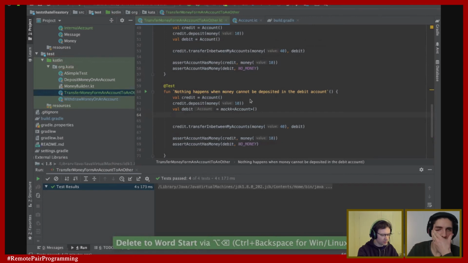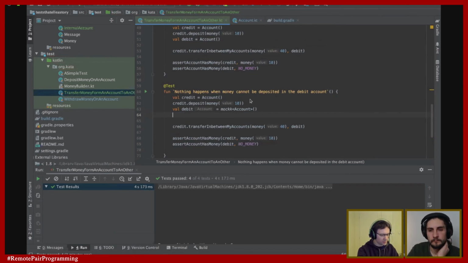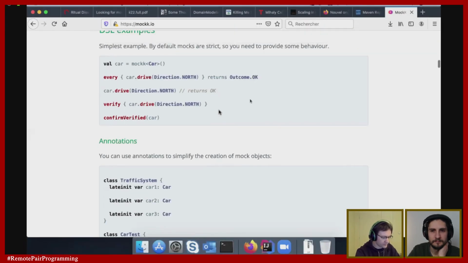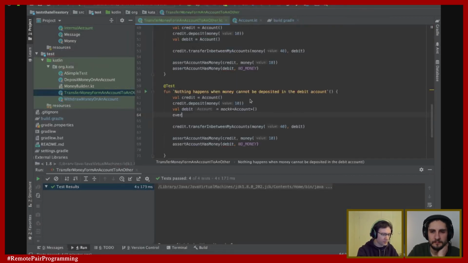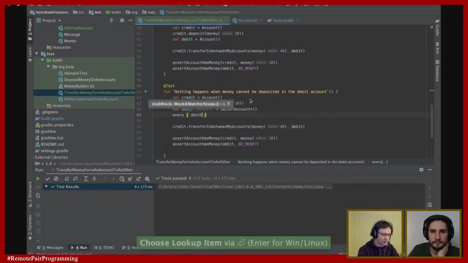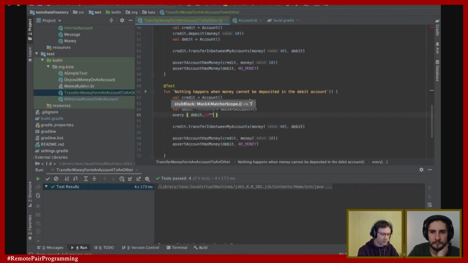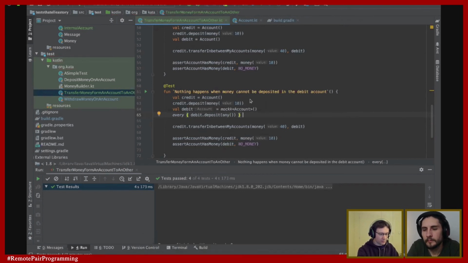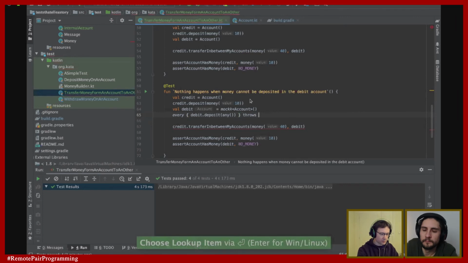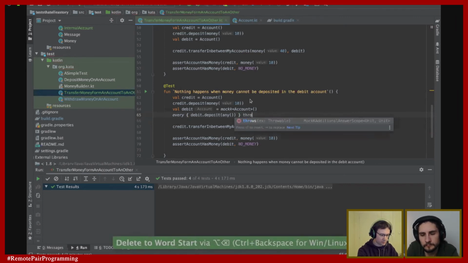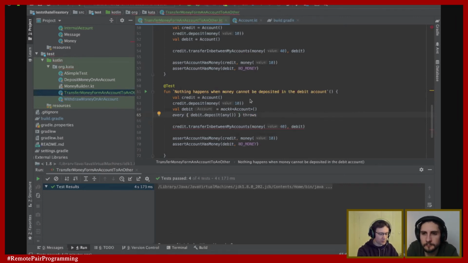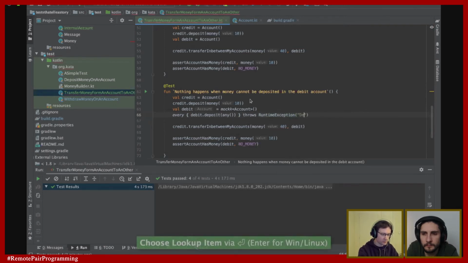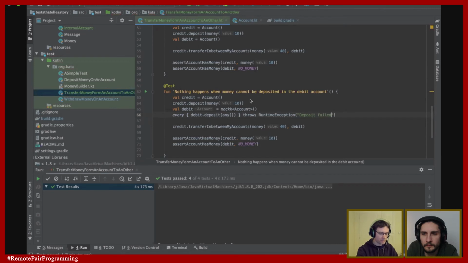Every time we call deposit with anything, we want it to throw, let's say, a runtime exception, because I don't know what to put. Something like this.